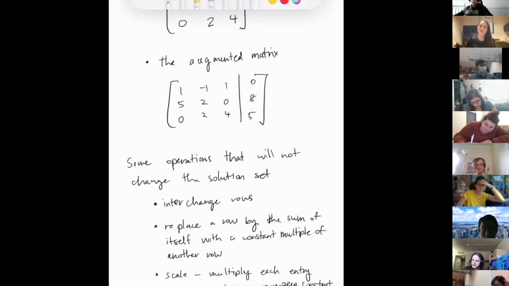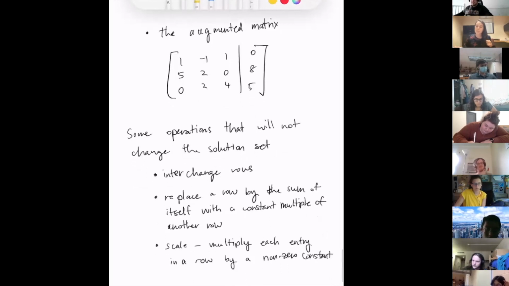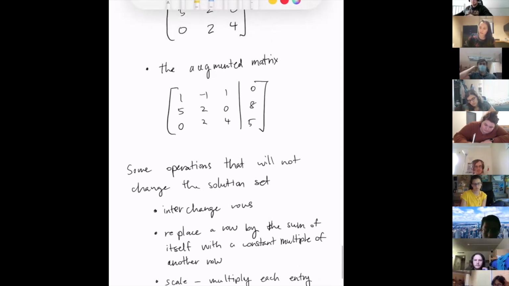Okay. You can't multiply by 0 because that would just delete everything, all of the information that you have. But is that scale going diagonal from left to bottom right, yeah? No, so for instance, here, you could multiply by a constant, say 2 across the top row, and you would get 2 minus 2 to 0.